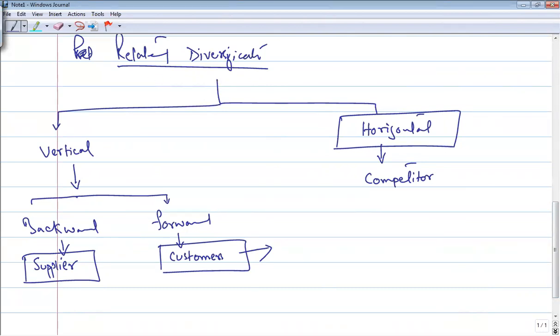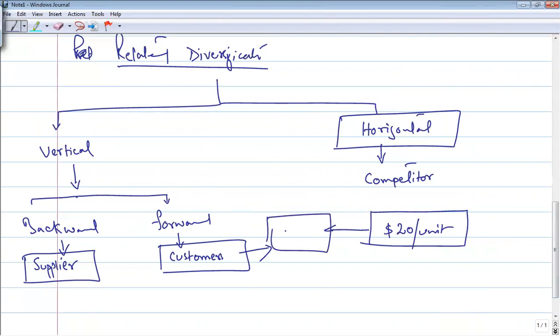The other benefit will be to earn those margins. For example, if you buy your supplier, and let's say you used to buy a product that cost you $20 per unit, and the supplier used to make this product for $15 and charge you $5 profit margin.